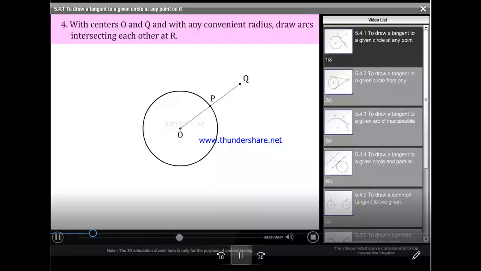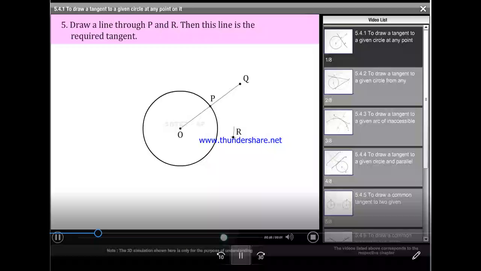With centers O and Q and with any convenient radius, draw arcs intersecting each other at R. Draw a line through P and R. Now this line PR is the required tangent.